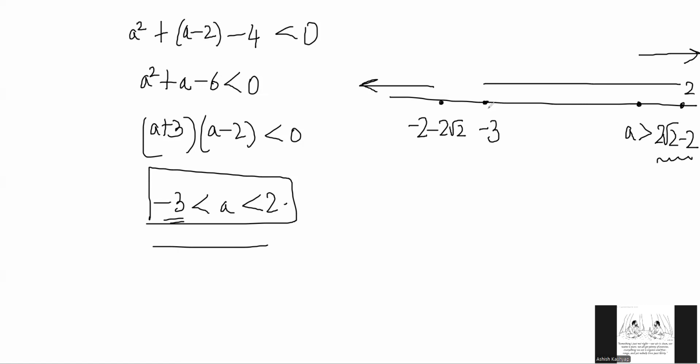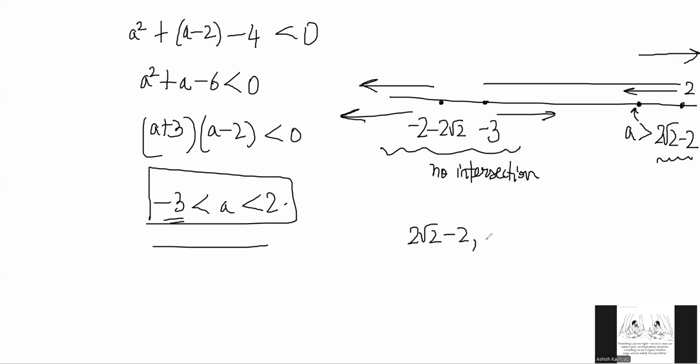So the intersection of both: there is no intersection this side because it is above minus 3, but this side it is coming below this, right? So there is no intersection here. The intersection only happens on this side where we are saying it is greater than 2 root 2 minus 2, which is here, and it is less than 2. So the set is 2 root 2 minus 2 to 2. This is the set of values of a that are possible, right? So that becomes our answer here.